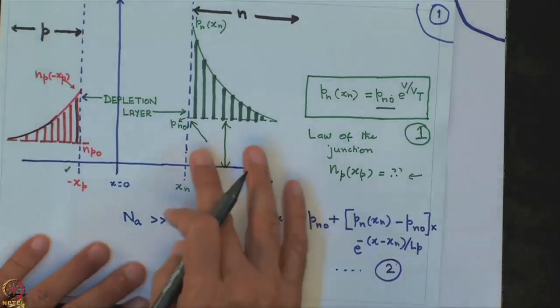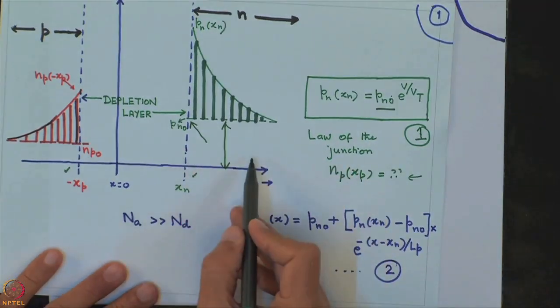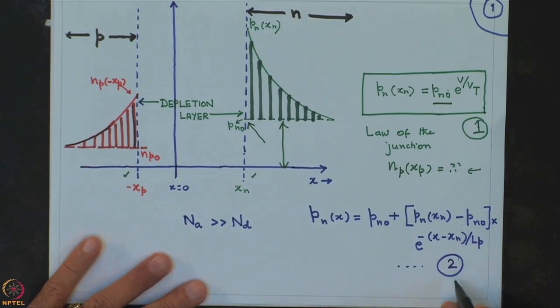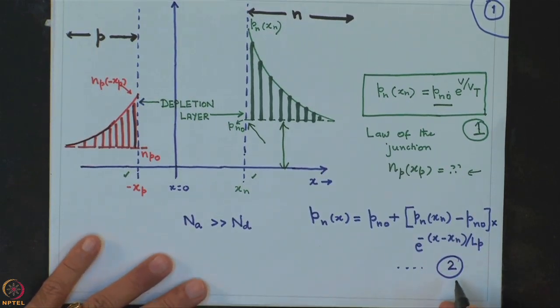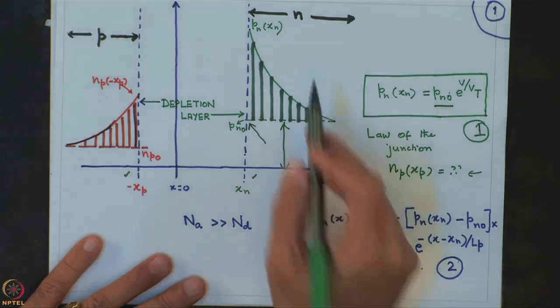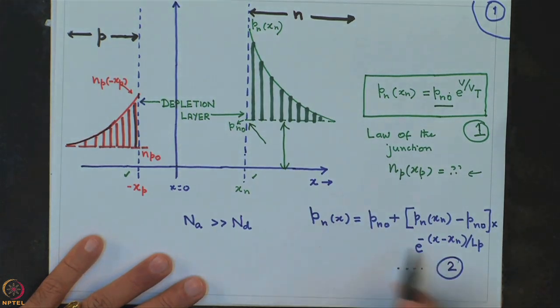Now, as we go towards the right side into the n-type material, there is the relation given by 2, again a very standard relation which we have given here for the holes, that shows how the concentration of the holes in the n-type exponentially decays.